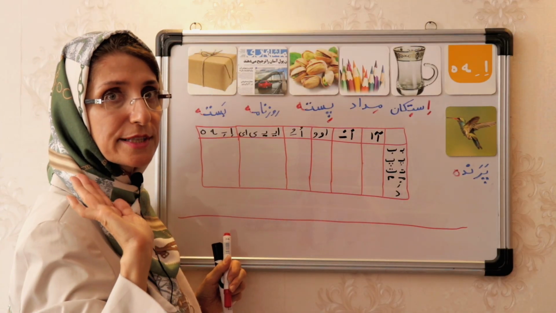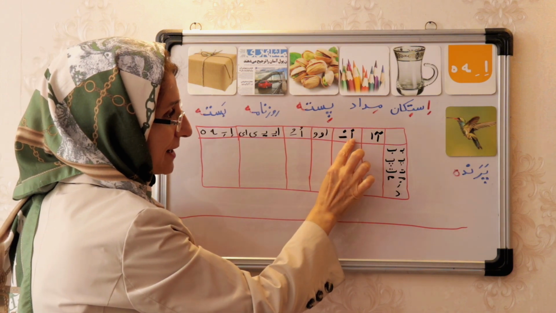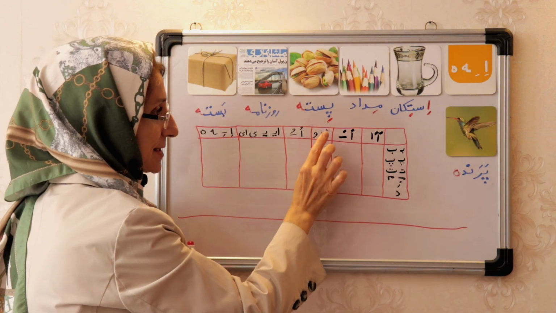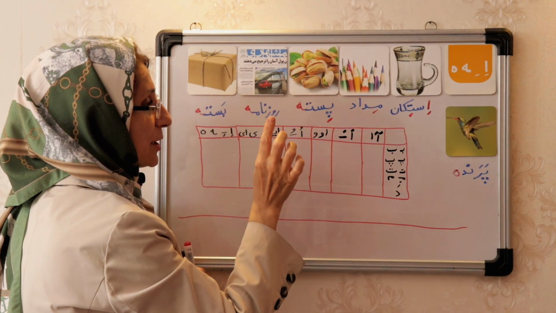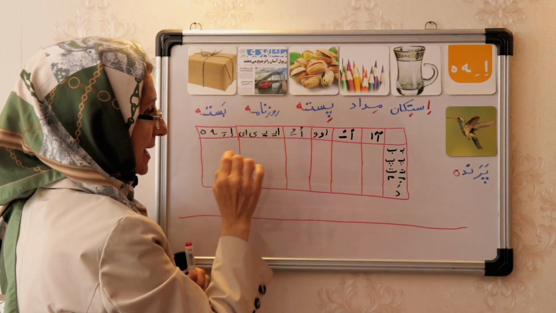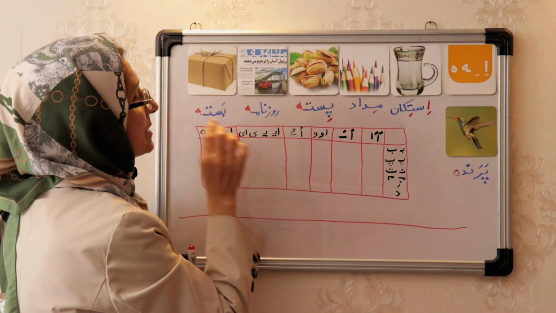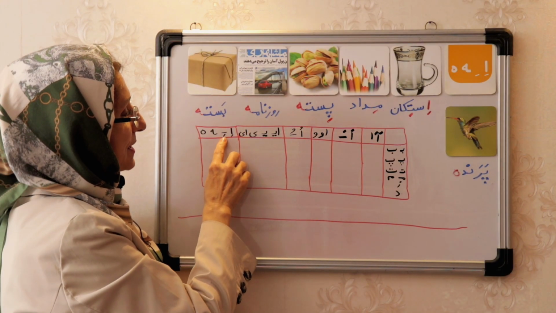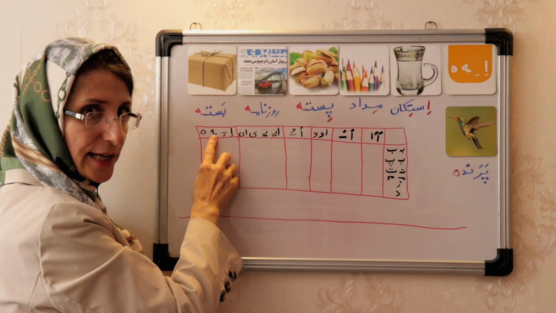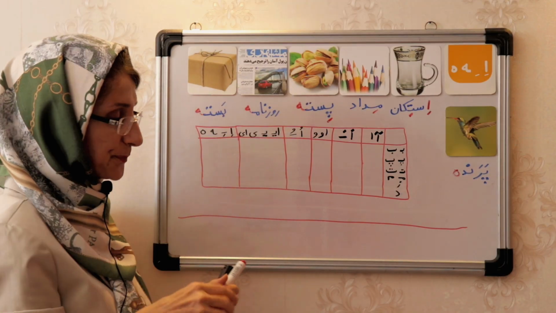Now we are completely learning the vowel sounds in Persian. And today we learn ای اول, ای وسط, ای آخر چسبان, ای آخر تنها.